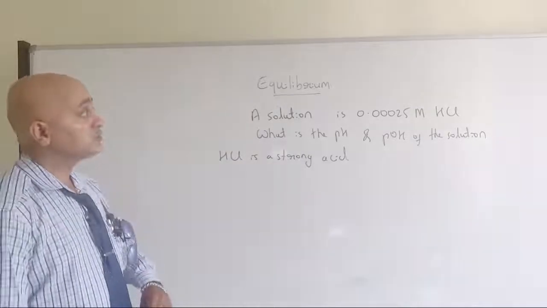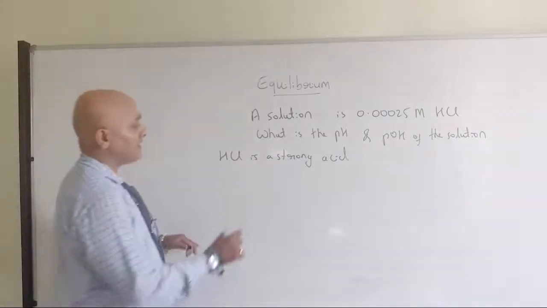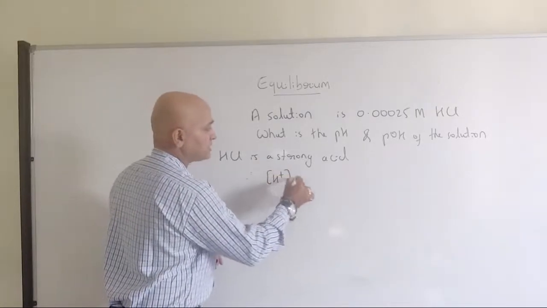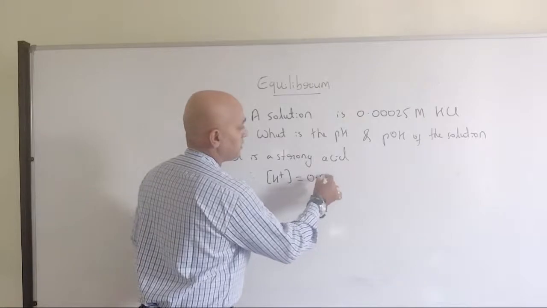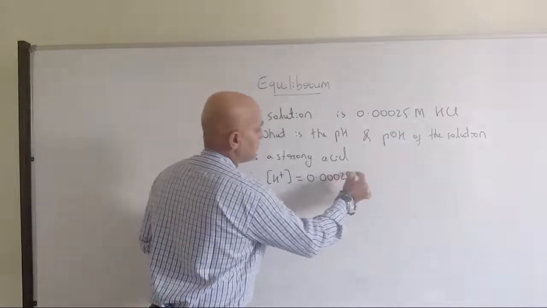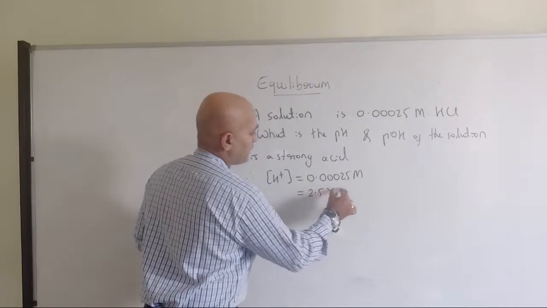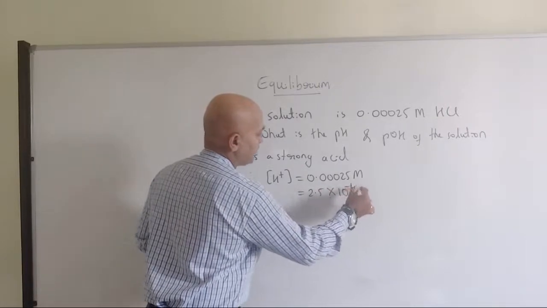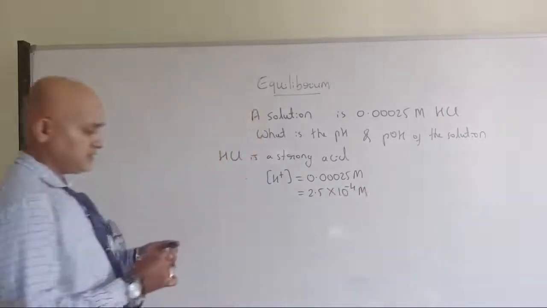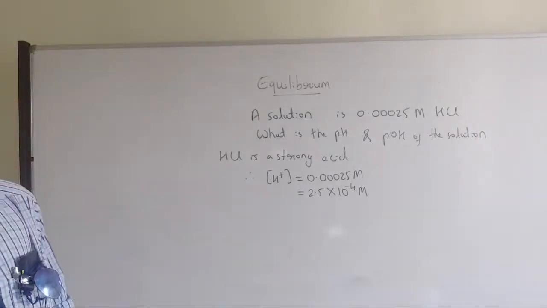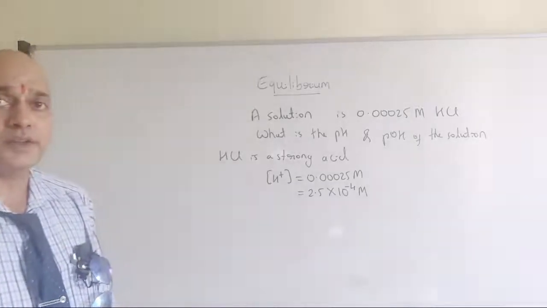So based on that, we can tell that the concentration of H plus will be 0.00025 molar, or 2.5 into 10 to the power of minus 4 molar, in scientific notation.